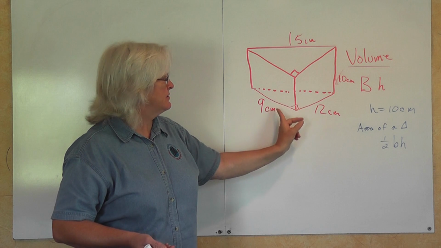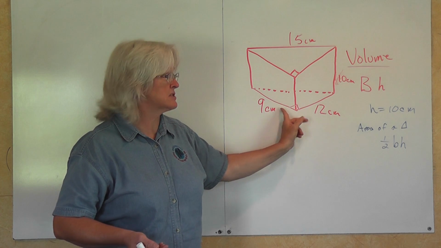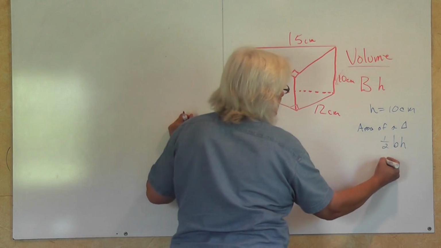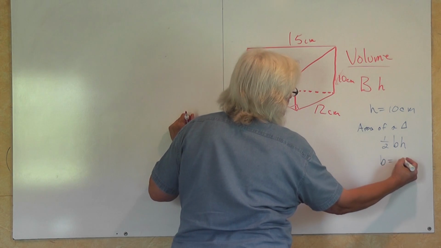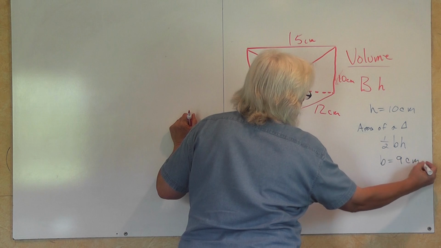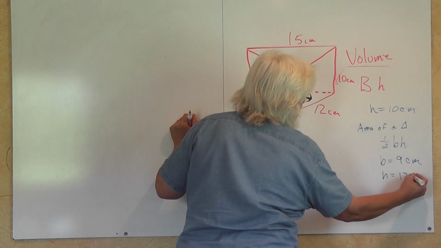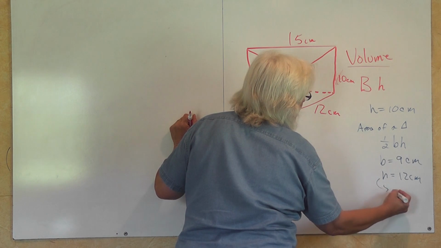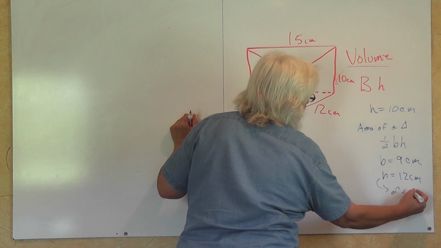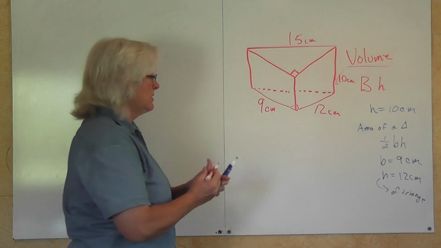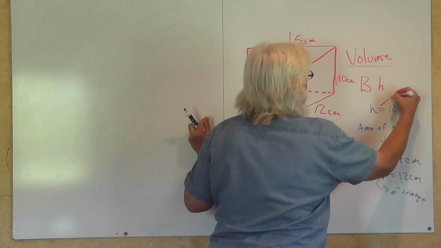So we'll just say that the base of the triangle here is 9 centimeters and the height is 12 centimeters. And this is the height of the triangle. And this other height up here is the height of the prism.